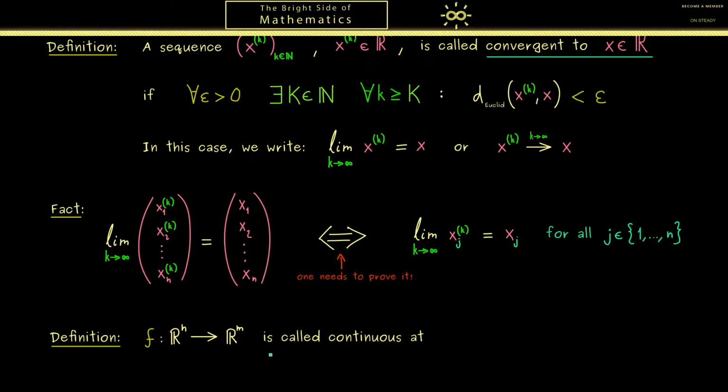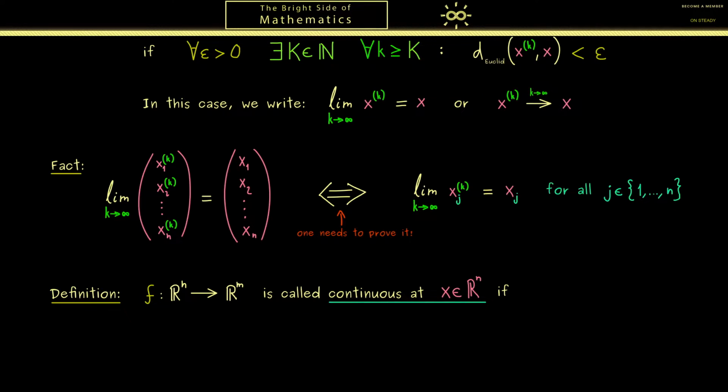So let's consider again a function f from R^n to R^m and also a point x in the domain R^n. So this is the fixed vector x where we talk about continuity at this point. So again, continuity is a pointwise property. Okay, now for the definition, I would say let's go with the sequence definition.